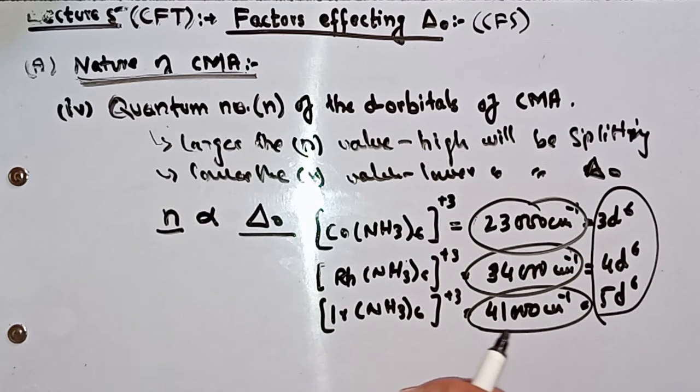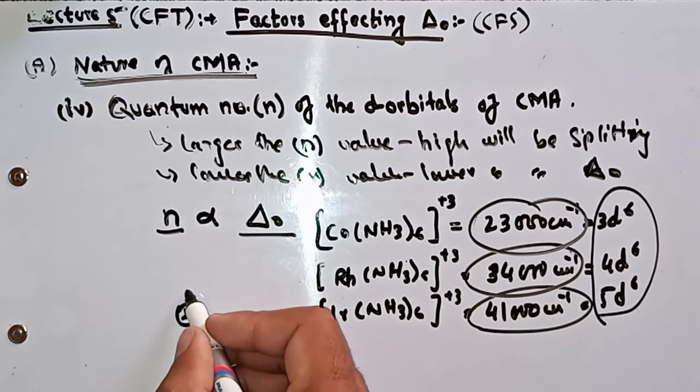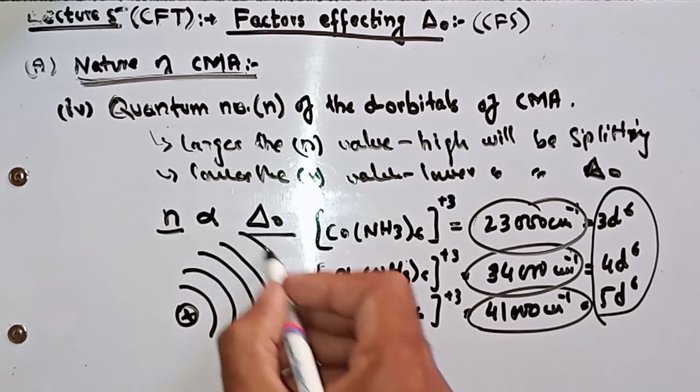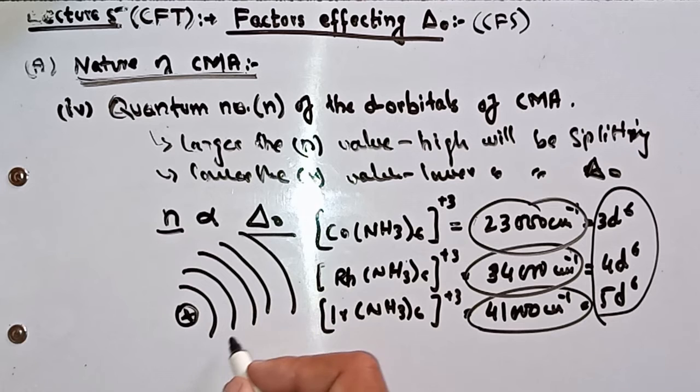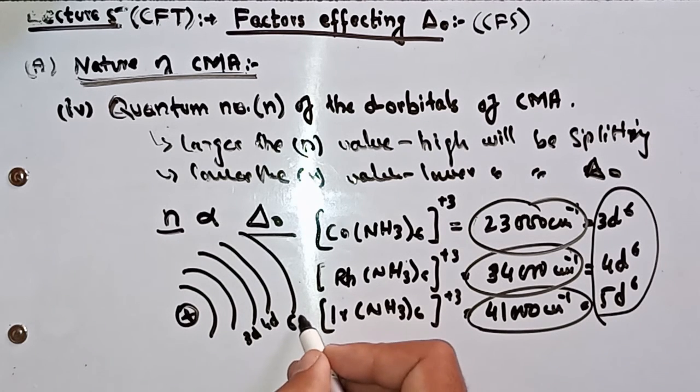The reason is that, let's suppose this is the nucleus of the central metal atom, which has a first shell, second shell, third shell, fourth shell, fifth shell. That is the 3d shell, that is the 4d shell, and let's suppose that is the 5d shell.